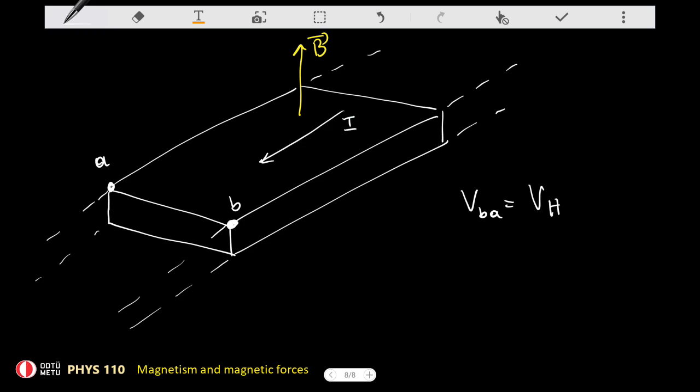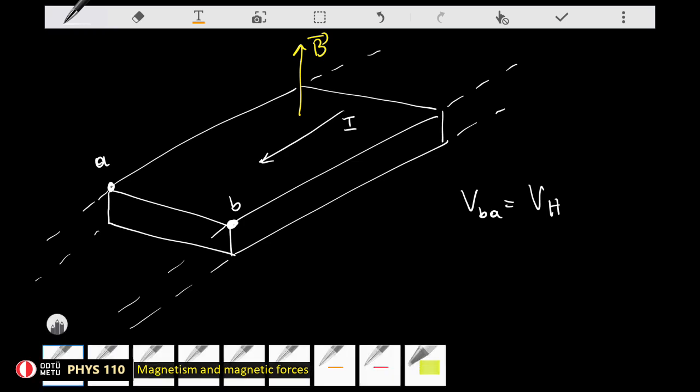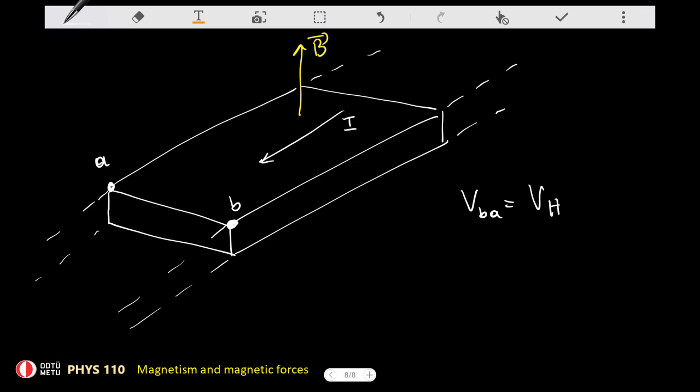So why should there be a potential difference? This is actually quite easy to understand, but the analysis is a little bit more involved. In that case, I'm just going to assume first that there are positive charge carriers inside. So let's just keep in mind that the current is in this direction. So let me draw this current that way, right?